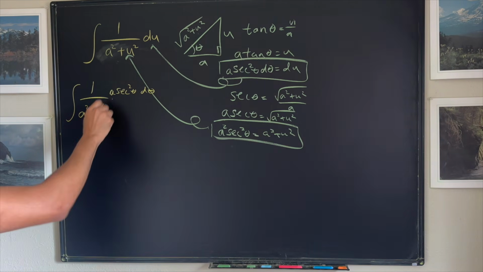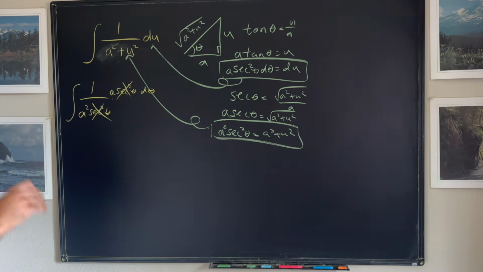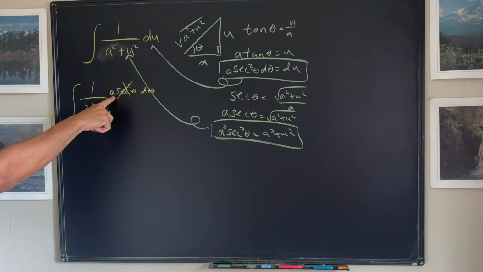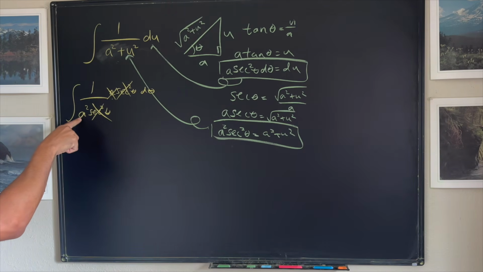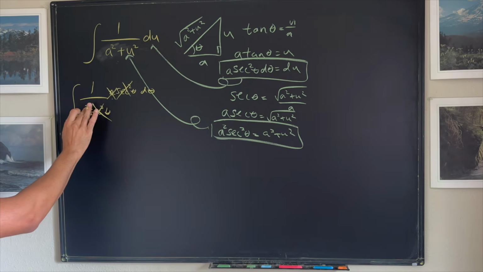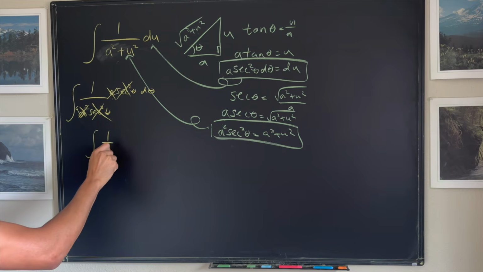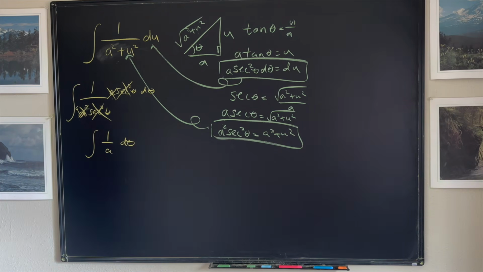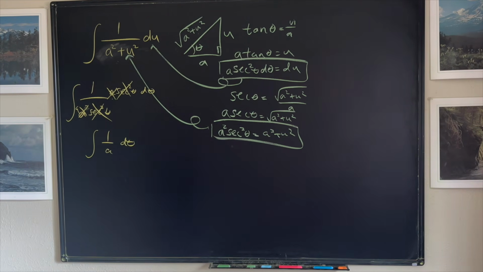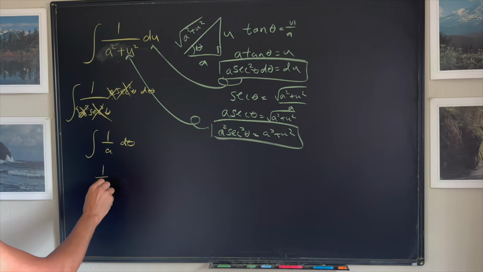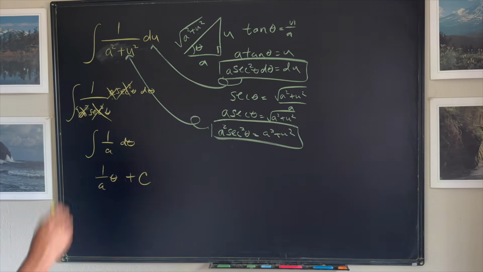Well, I see a secant squared, boom, goes away. In this particular case, one of the a's cancels out on the top, but one of the a's on the bottom cancels out only. So you're really just left with an a on the bottom. So what you have is the integral of 1 over a d theta. Now that's okay because 1 over a is just a constant. Well, we have 1 over a theta plus C.